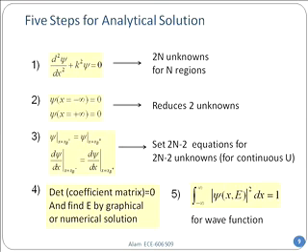That will reduce the number by 2. And then we will use the continuity of the function and the derivative of the function to get 2n minus 2 equations. And then we'll take the determinant. And finally, we'll calculate the wave function. It looks like a very complicated thing, but you will realize in a second how it works.